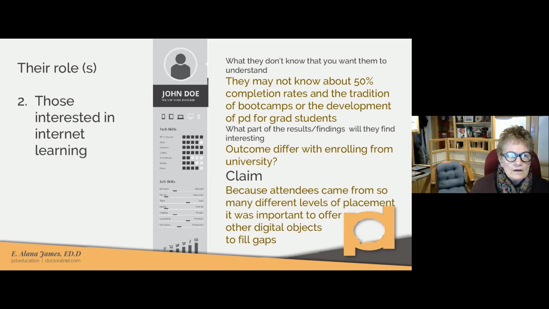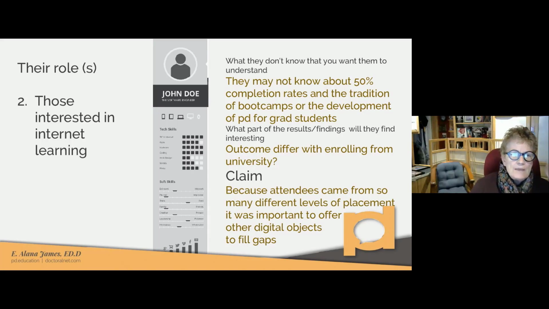Another role are for those who are just interested in internet learning. They're not really ever going to be a customer of ours or even a colleague, but they live in the same arena. We'll meet them at conferences, that kind of thing.